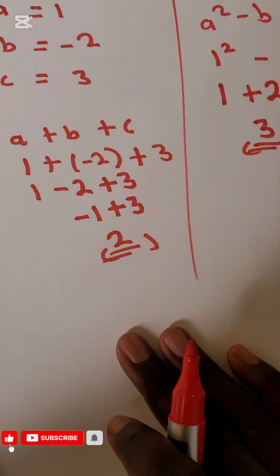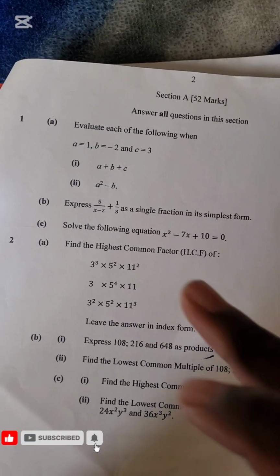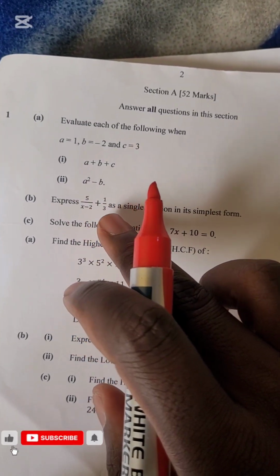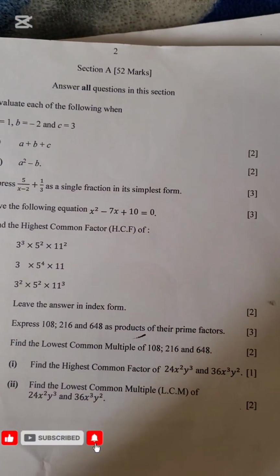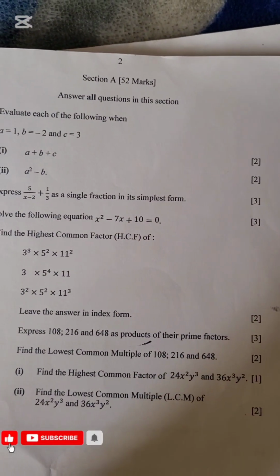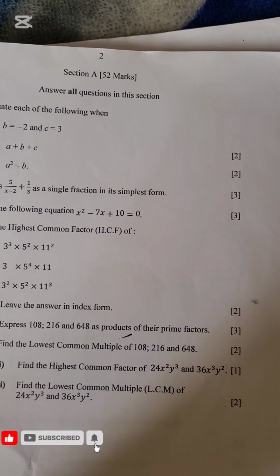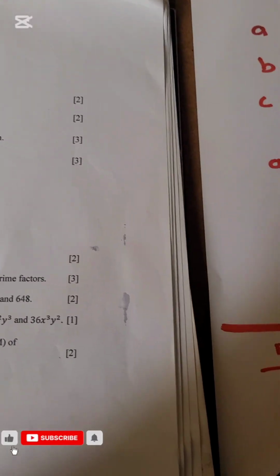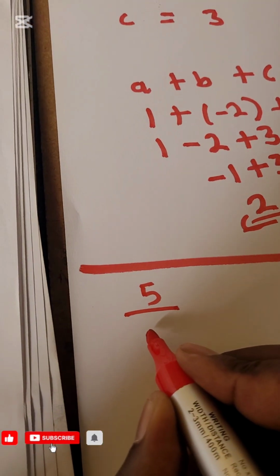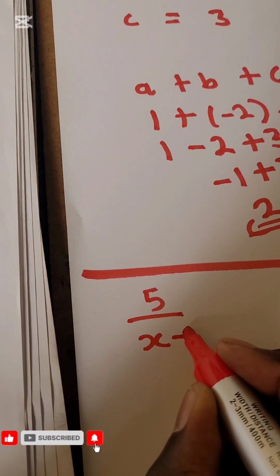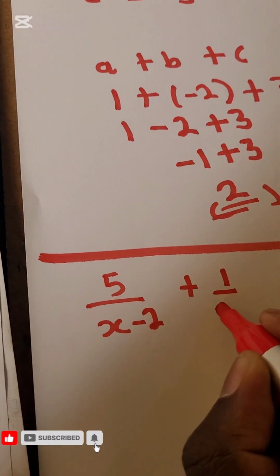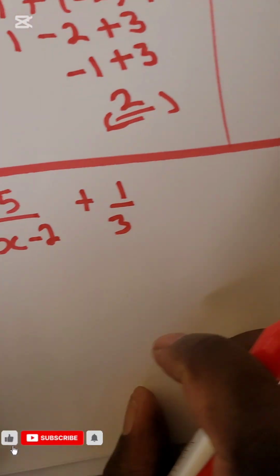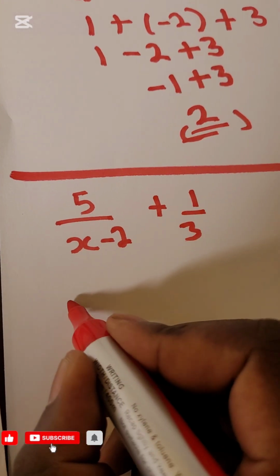Okay. Another one. Express 5 over x minus 2 plus 1 over 3 as a single fraction in its lowest terms.